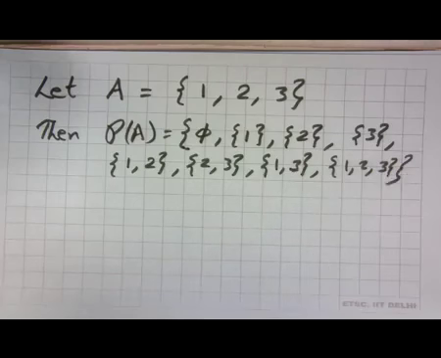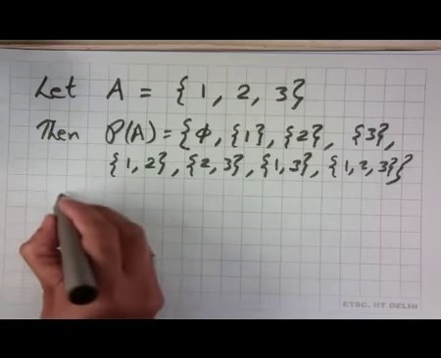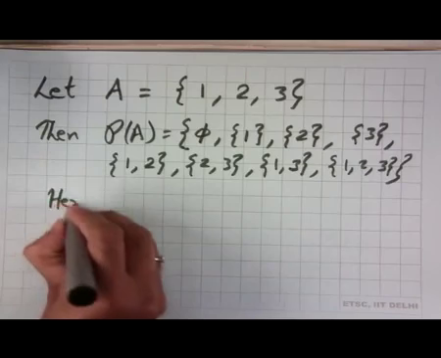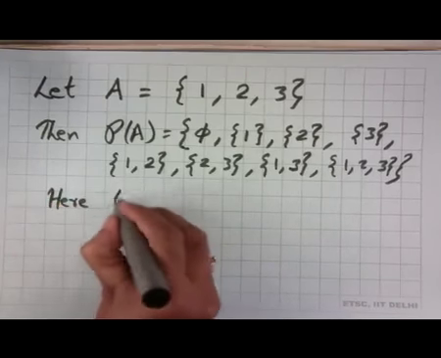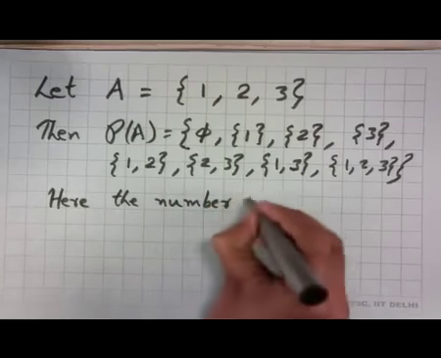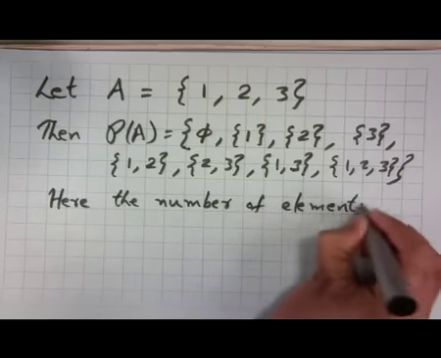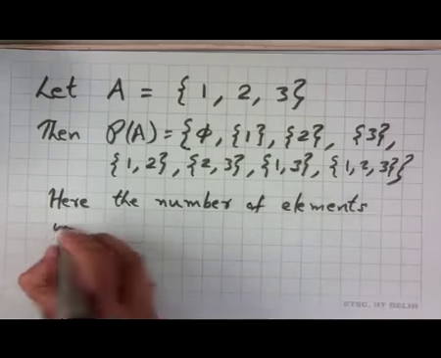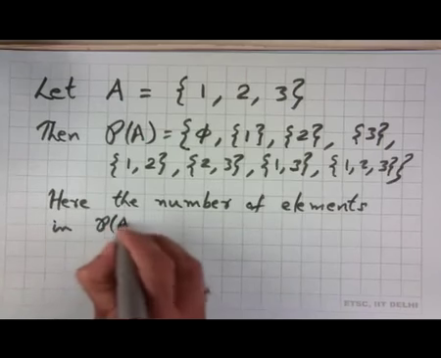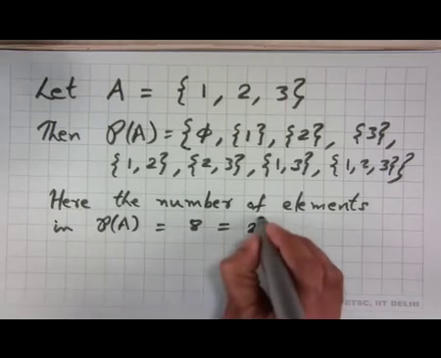So, this gives me all the subsets of this set A. Now, if you count how many elements are there, here the number of elements in the power set is equal to 8, which is equal to 2 cube.